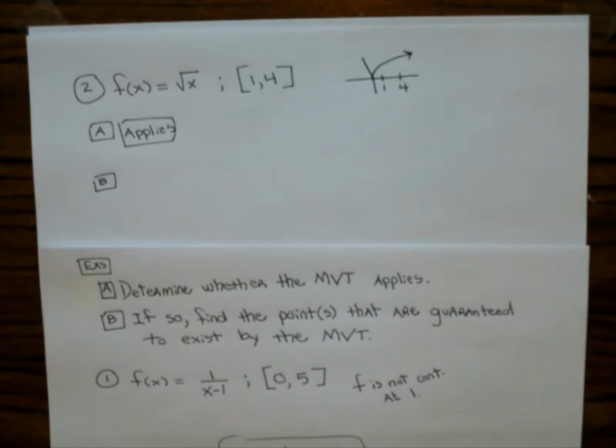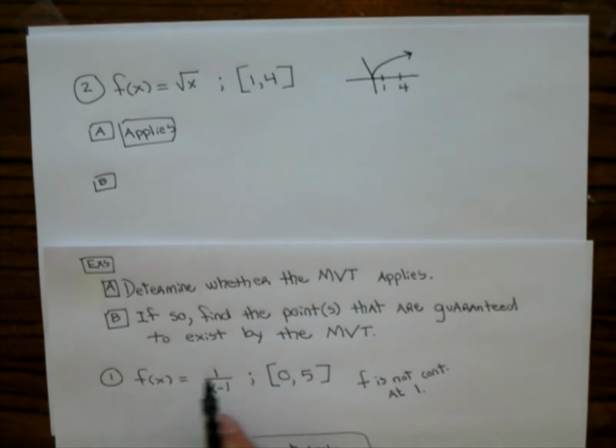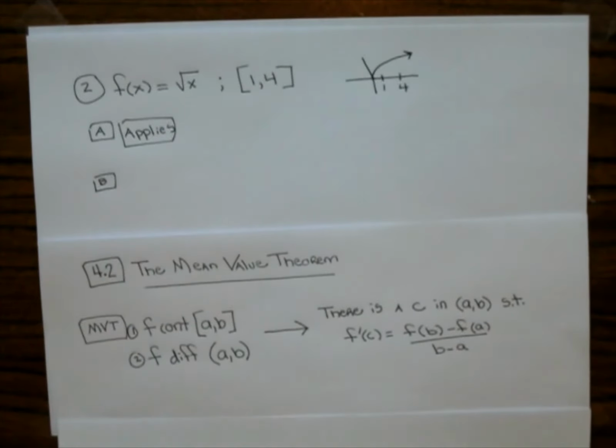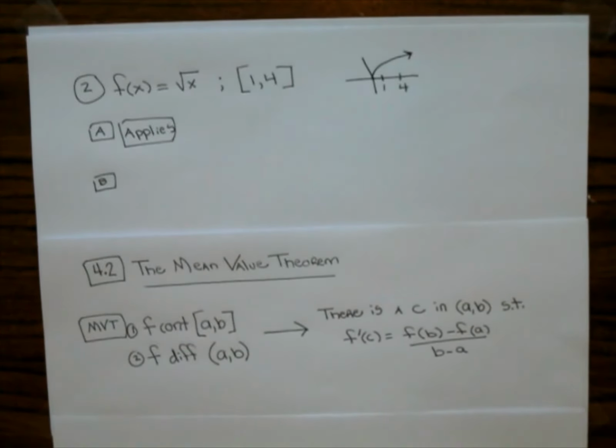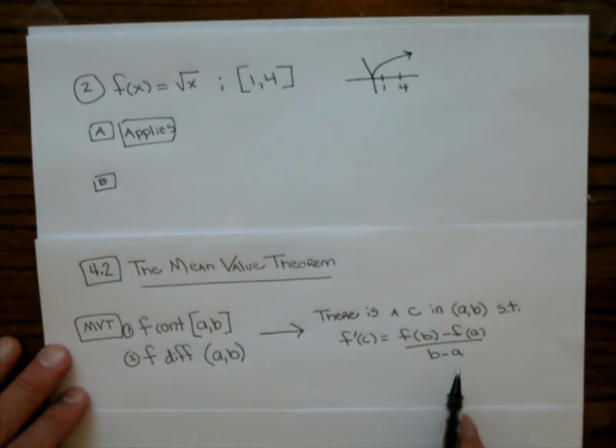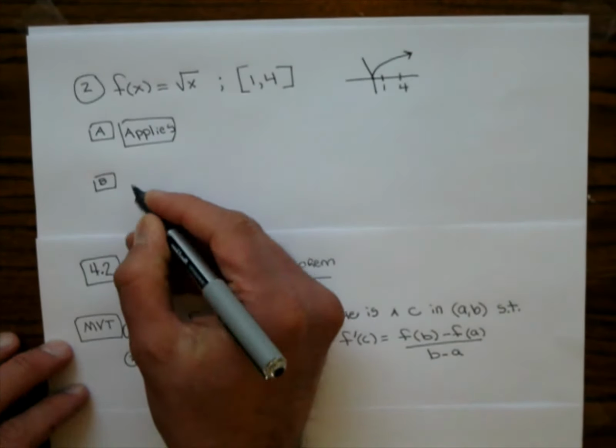It says, if so, find the points that are guaranteed to exist by the mean value theorem. So what we want to do is the mean value theorem. Okay, so let's go. We're trying to find the points that exist. We have to compute two things. The first thing we want to do is compute, let's just call it the average velocity. So I'm going to compute the average velocity of this function.